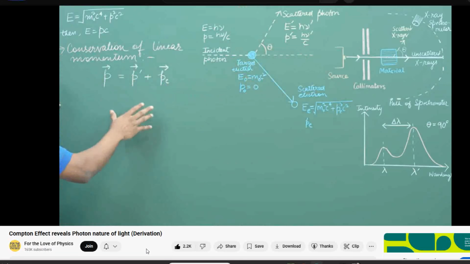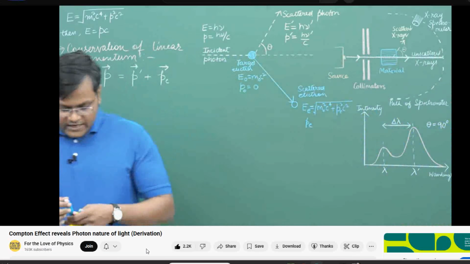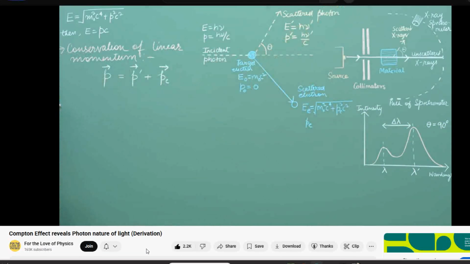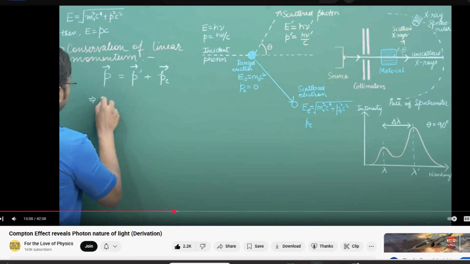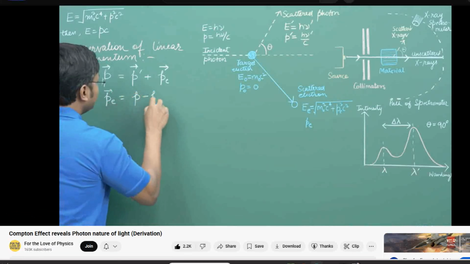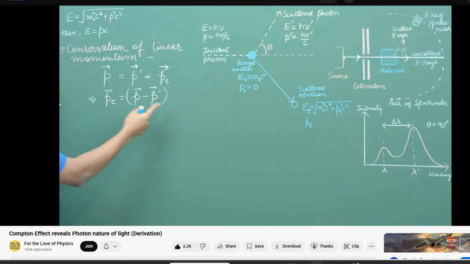So essentially, the momentum is conserved along the x-axis and the y-axis separately. I'm going to write that Pe is equal to P minus P dash. These are vector expressions, okay?